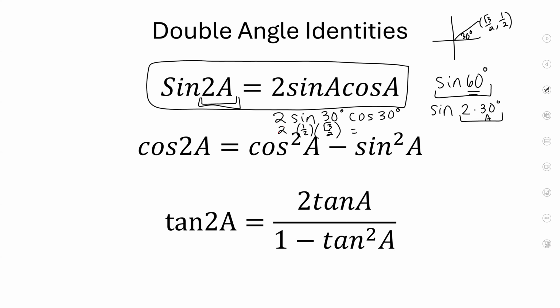Notice that 2 and 1/2 are reciprocals of each other. Those cancel out. I'm just left with square root of 3 over 2. And that's my answer. Sine of 60 degrees is square root of 3 over 2. You guys already know that based off of the unit circle, but here it is using the formula, the double angle identity.